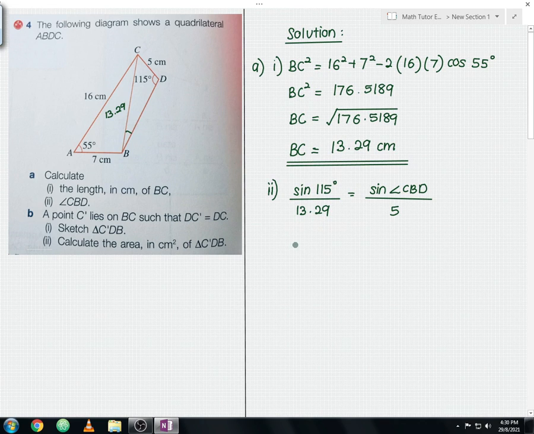So from here our next working, sine angle CBD is equals to 5 times sine 115 degree, and you divide with 13.29. Let me underline the fraction.